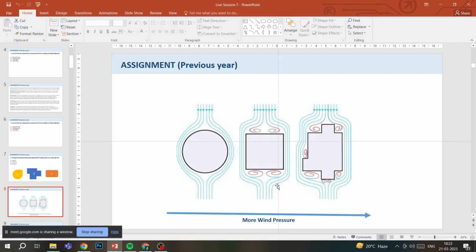And as you can understand from this figure very clearly, because of too many surfaces, the last figure has more eddy currents forming, and more pressure happening on it. While compared to the circular form, you see that there are no eddy currents forming as such.